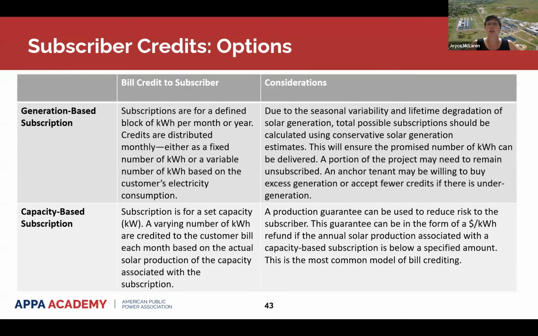It's something that you just have to explain to the customer when they subscribe, that in July, you're probably going to see more credits on your bill than you're going to see in January or something like that. So this is a pretty common model of bill crediting, that they're not credited the same number of kilowatt hours every month.